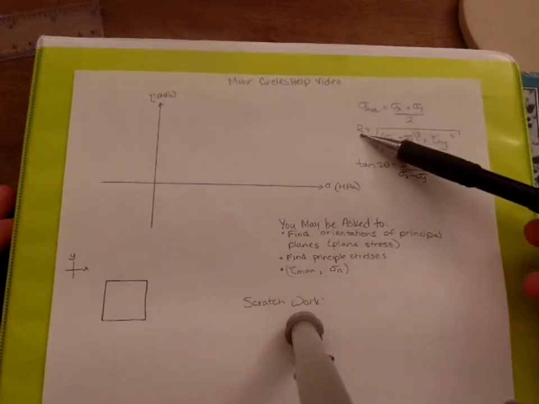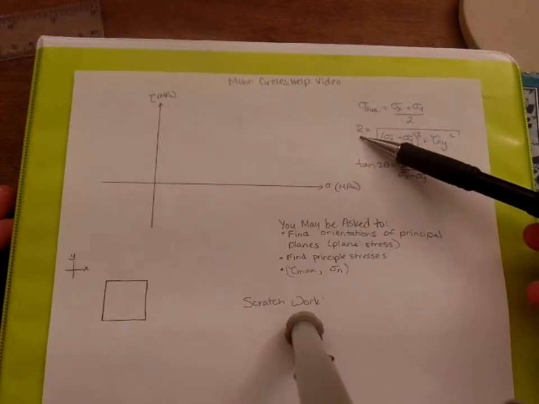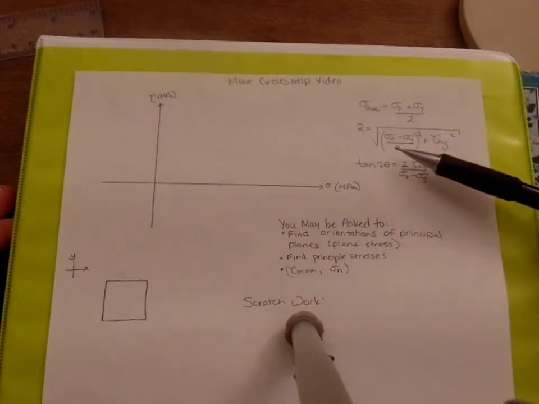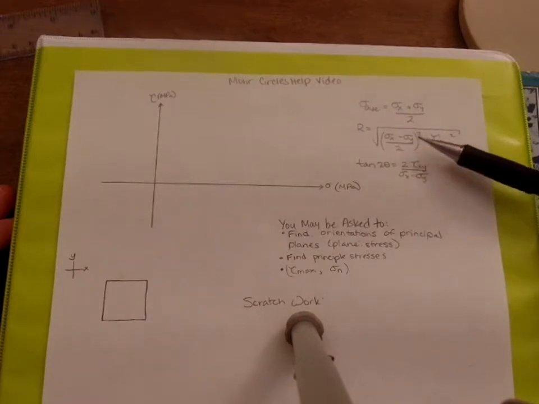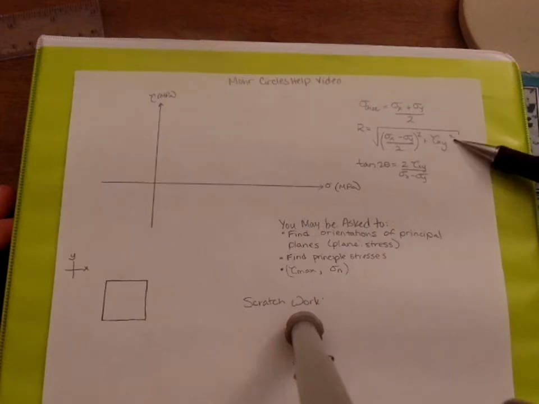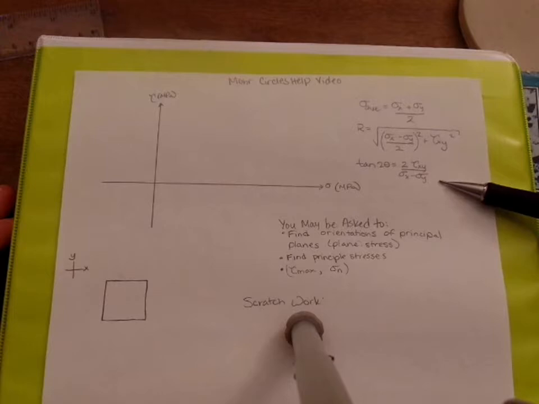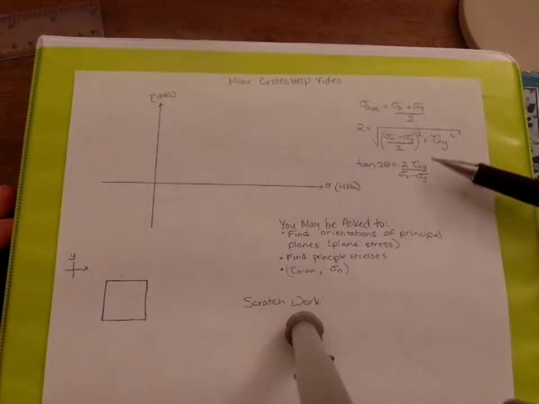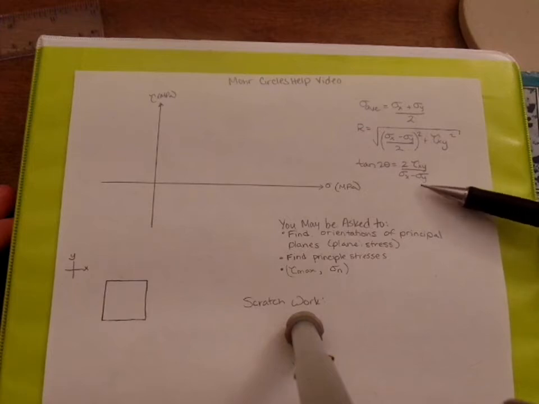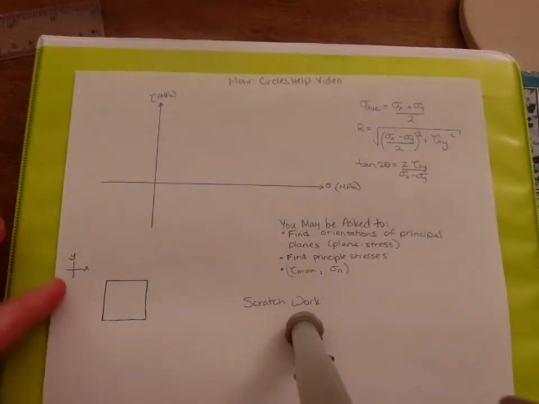This is R, and it'll make sense in a minute why we say R or radius. It is the difference between the two plane stresses divided by 2 squared, plus whatever the shear stress you're given is squared, and then all that square rooted. And then tangent of the angle, so the orientation of the principal planes, is 2 times your shear stress divided by the difference between your normal stresses. So those are going to be worth writing down.